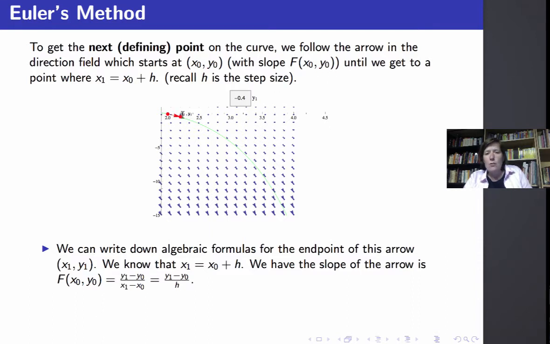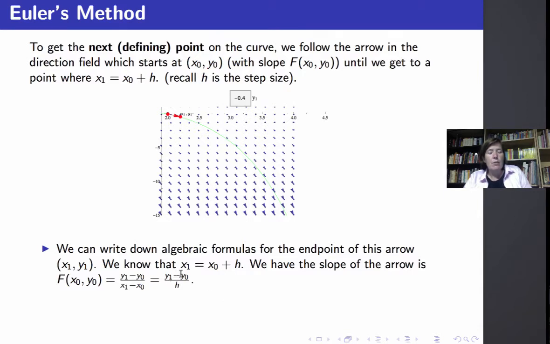But we also know that the slope of the arrow is the difference in the y values divided by the difference in the x values. And the difference in the x values we're controlling, that's h. x1 is x naught plus h, and so x1 minus x naught is h.